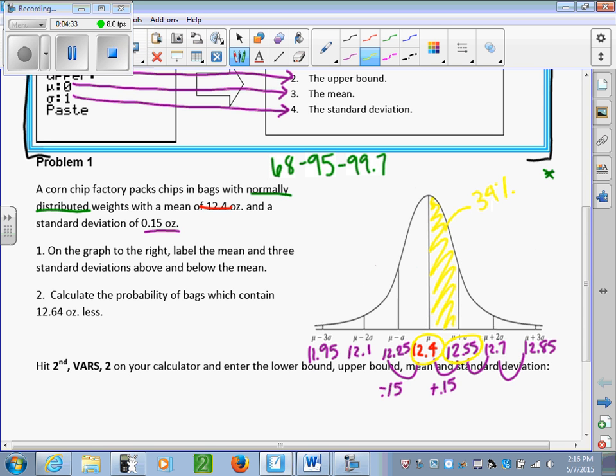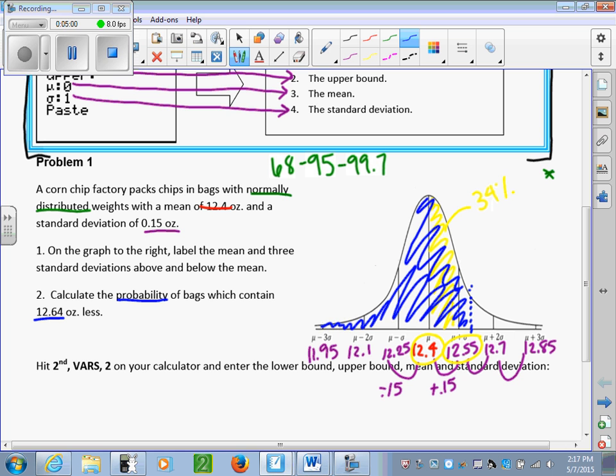Now this class, what if we're looking for the probability of a bag which contains 12.64 ounces or less? Well, 12.64 is about right here. 12.64 or less would be all of this area, everything less than that little dotted line.